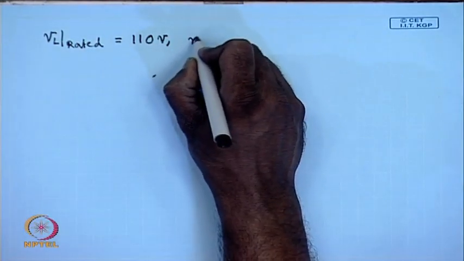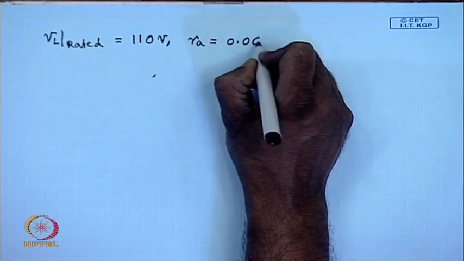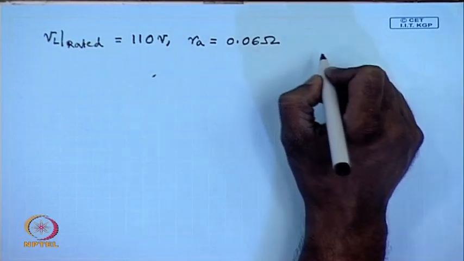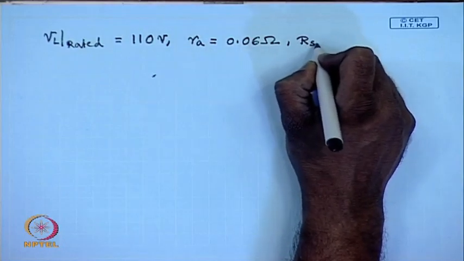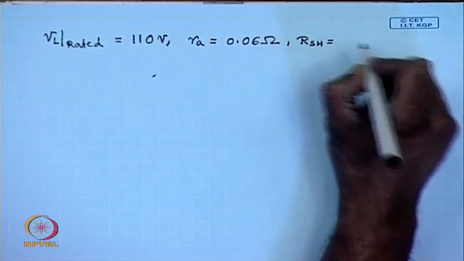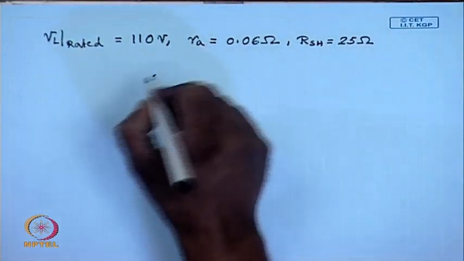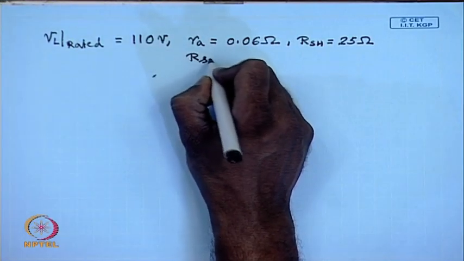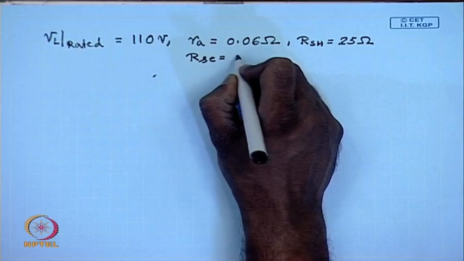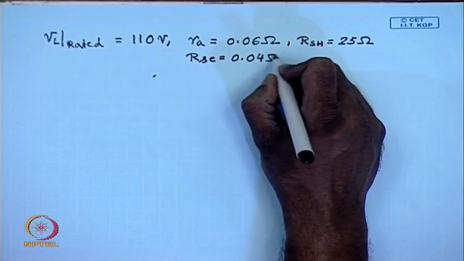The armature resistance RA equal to 0.06 ohm, shunt field resistance RSH equal to 25 ohm, the series field resistance RAC equal to 0.04 ohm.